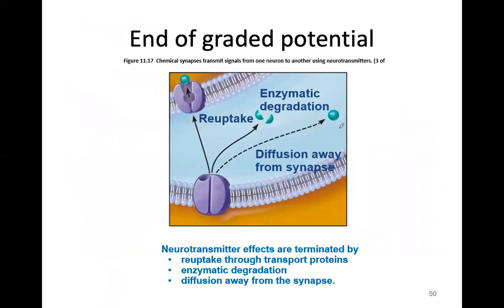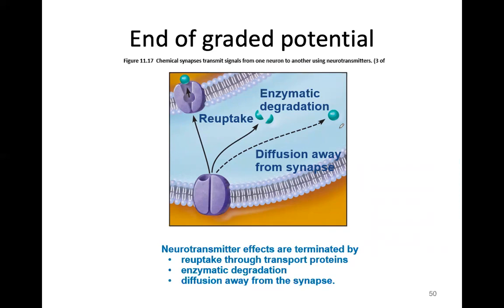How do I end a graded potential? How do I basically cause my ligand-gated channels to stop opening? You can do that by one of the following. You can reuptake your neurotransmitter back into your presynaptic neuron, so reclaiming what you have in the synaptic cleft.